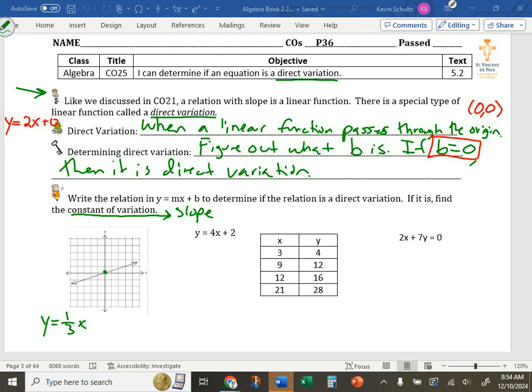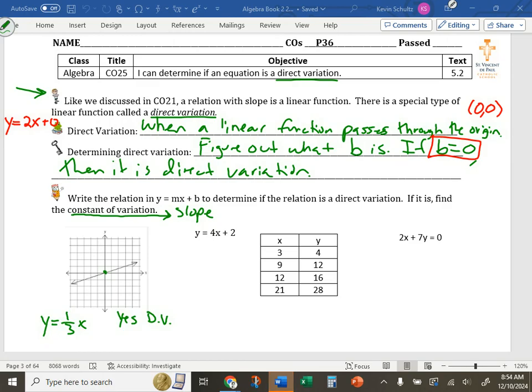You can put the plus 0 if you want to, but you don't have to because adding 0 doesn't change the value. So, two things. Yes, direct variation. I'm going to abbreviate, yes, dv. And then what is that constant of variation? The slope. Also called the slope, which is 1 third.